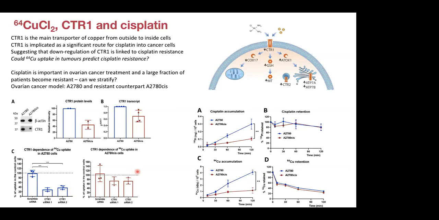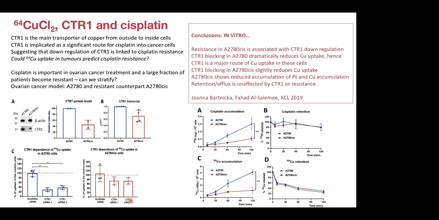There is less of an effect in the resistant cells because they're not expressing so much CTR1, and the copper that does get into the cell, which is rather less, is getting in through other routes. So certainly there may be contributions of other mechanisms for platinum resistance, but CTR1 downregulation is one of them.